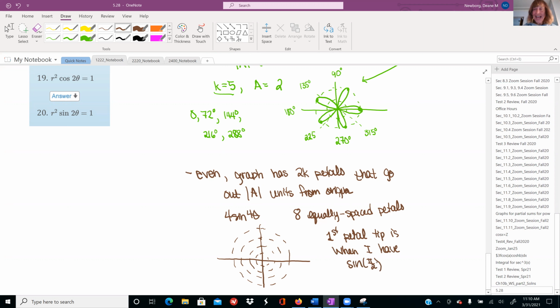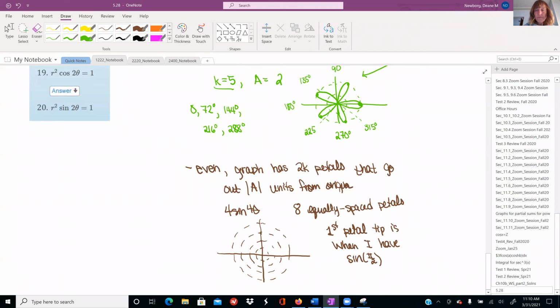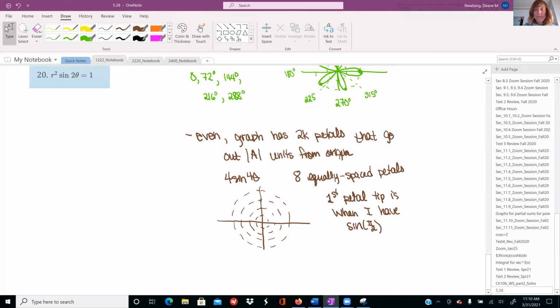Because that's where sine is the biggest, is when you plug in pi over 2. When does the input equal pi over 2? So that would be when the input for sine is 4 theta. So it's when 4 theta equals pi over 2, and then just multiply both sides by 1/4. So theta equals pi over 8.